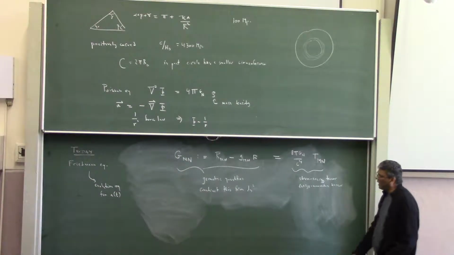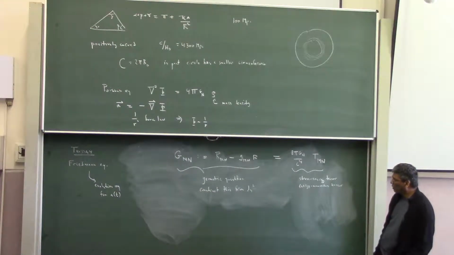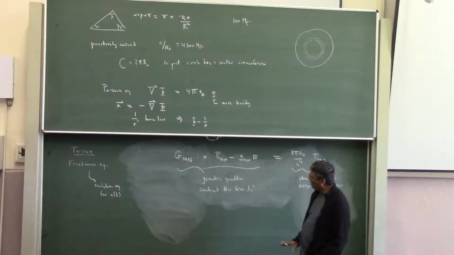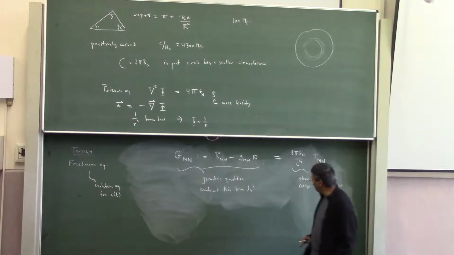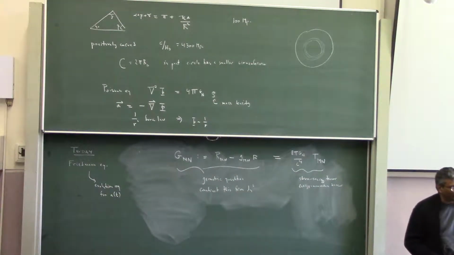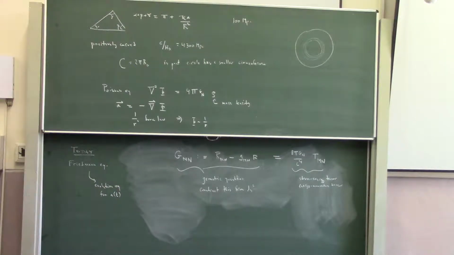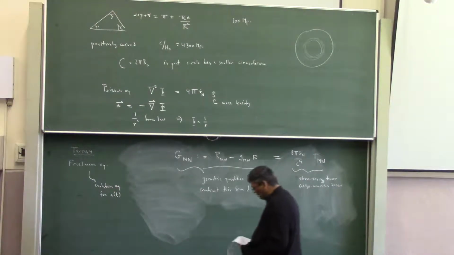And it tells us about the behavior of matter. So this is just at a heuristic level. The important idea is that we're setting geometry equal to the behavior of energy. So what is T_mn?